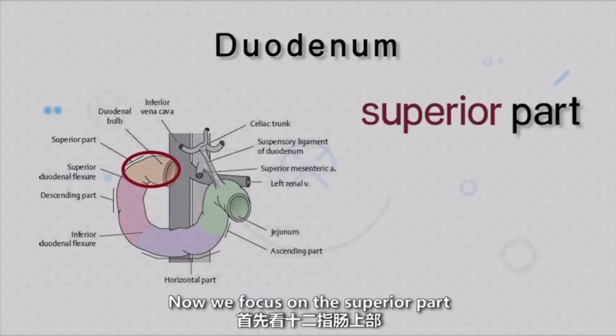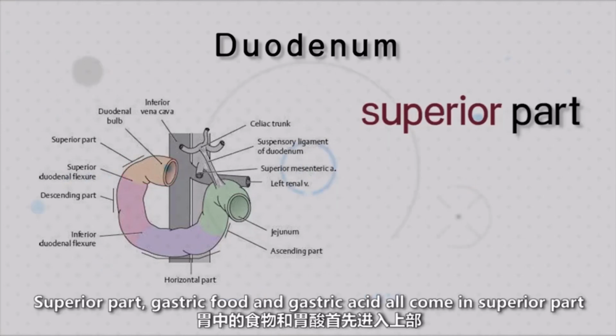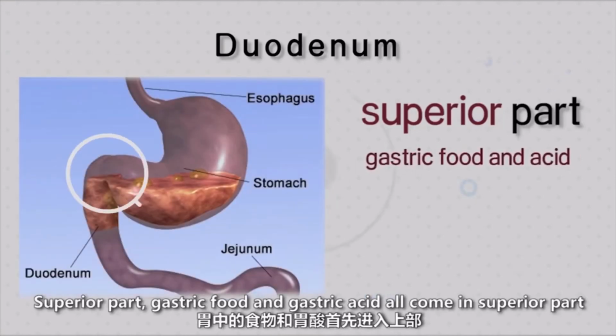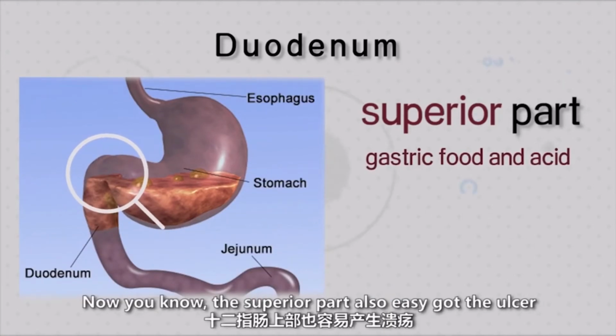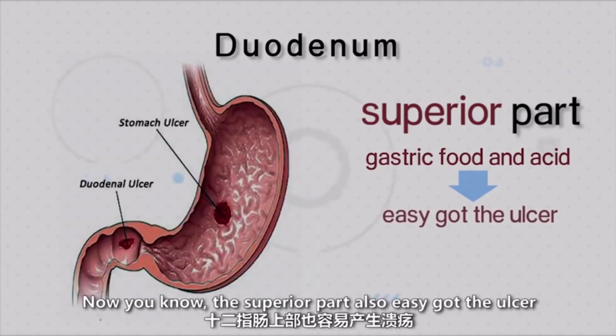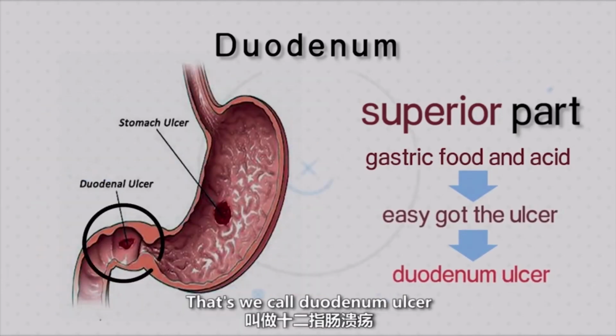Now we focus on the superior part. In the superior part, the gastric food and the gastric acid all come in. So now you know the superior part also easily gets ulcers. That's what we call duodenal ulcers.